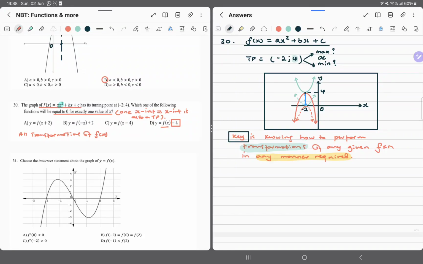But sometimes you are given a line that you never expected, and you are supposed to reflect a graph about that particular line. It can be any line: oblique, vertical, horizontal, whatsoever. So that is what I'm trying to suggest here. Be able to perform these things.